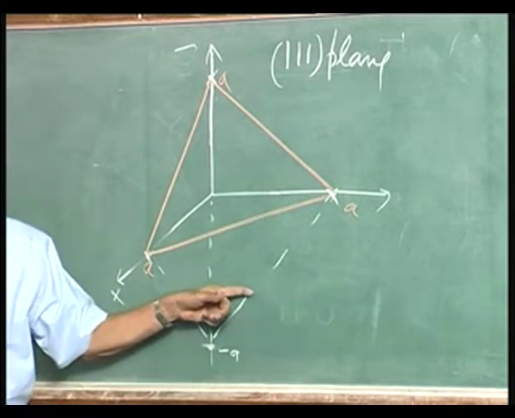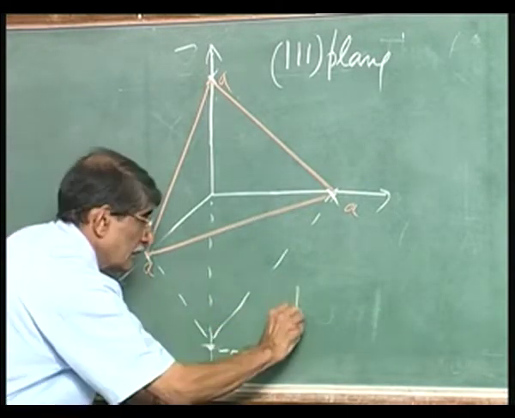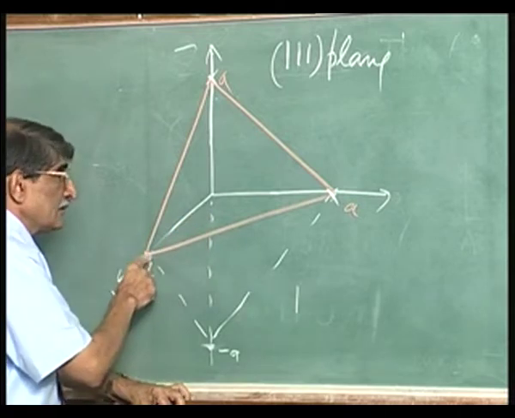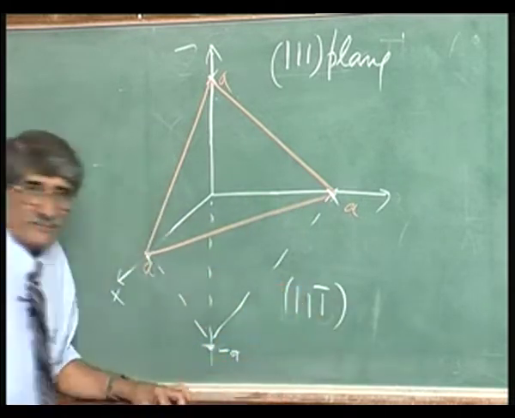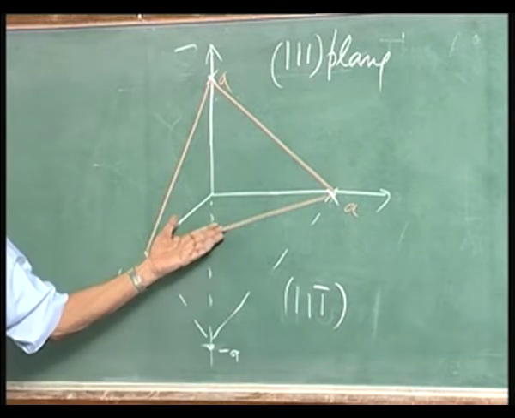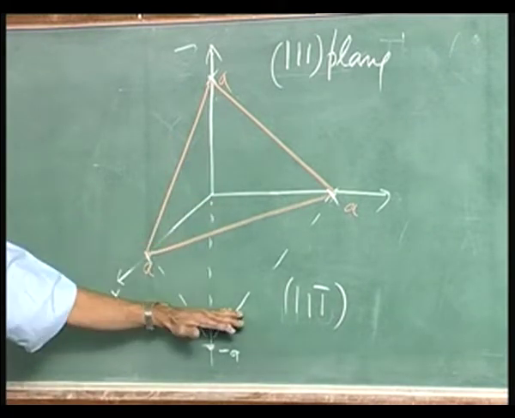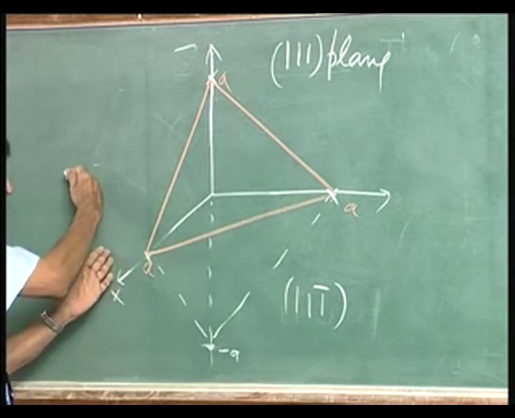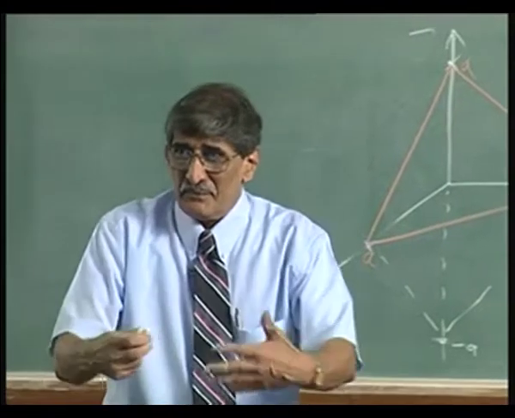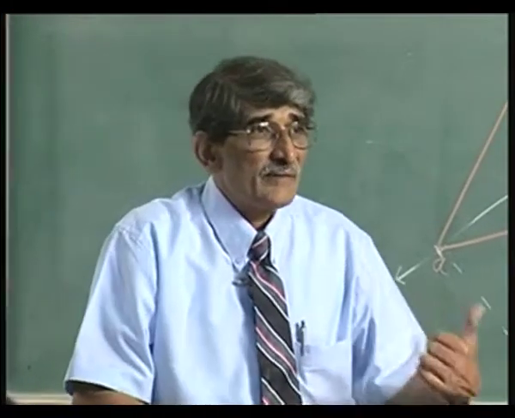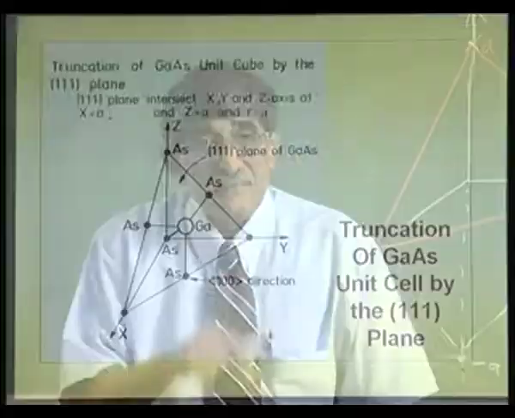What will be that plane actually? That is x, that is 1, and this is minus 1, 1, 1 bar. But the arrangement of atoms is the same, this or that. I can go in that direction, I can put 1, 1 bar 1. But all of them are called by one family 1, 1, 1, because the atomic arrangement is the same.